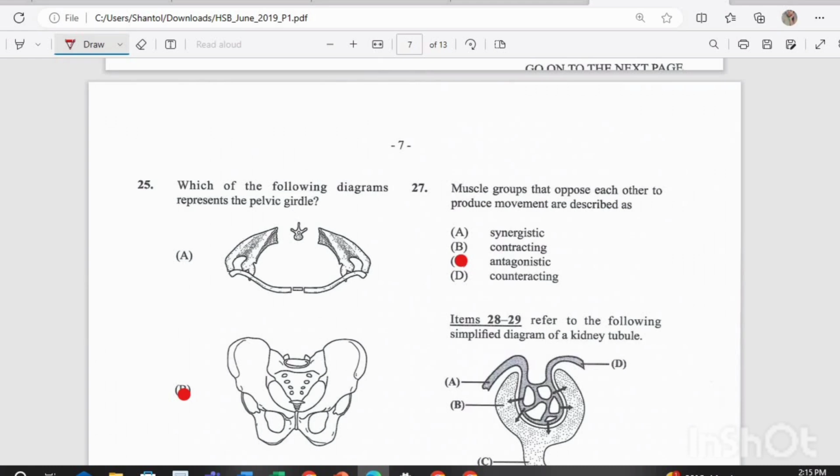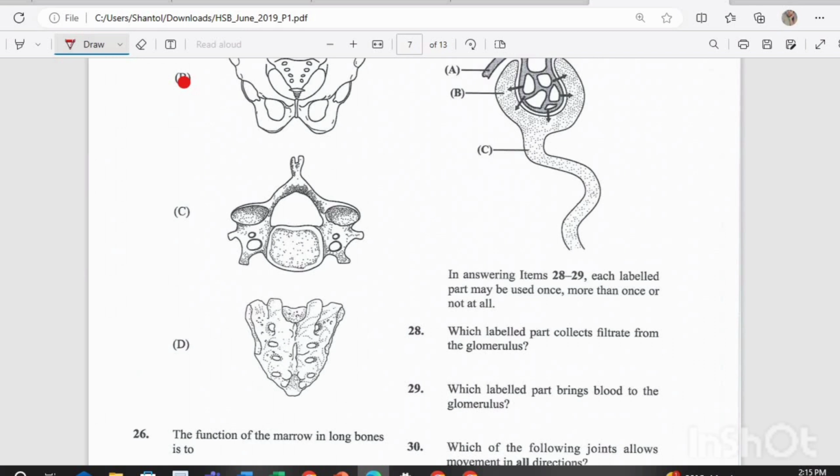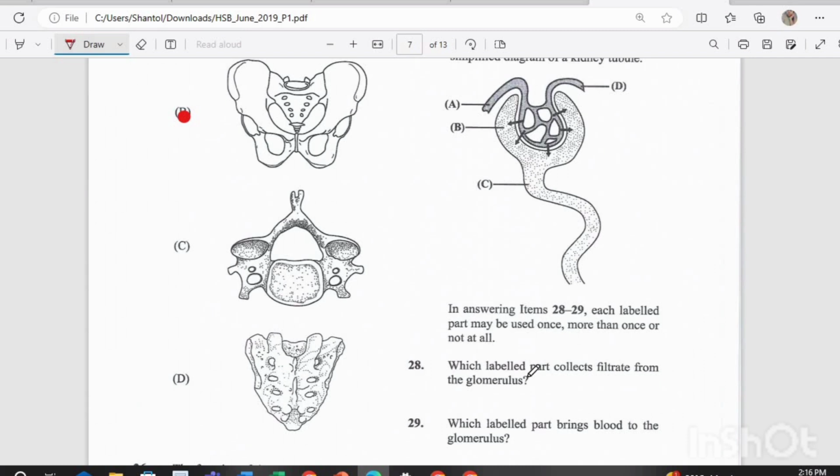Items 28 and 29 refer to the following simplified diagram of a kidney tubule. So this is the kidney tubule. The question says, in answering items 28 and 29, each labeled part may be used once, more than once, or not at all. Question 28 asks, which labeled part collects filtrate from the glomerulus?